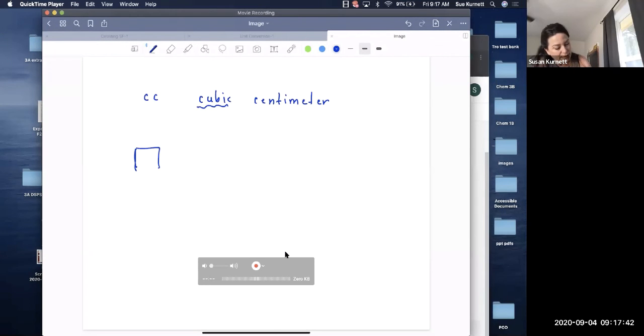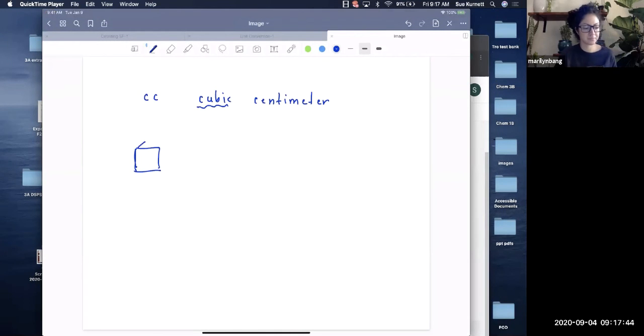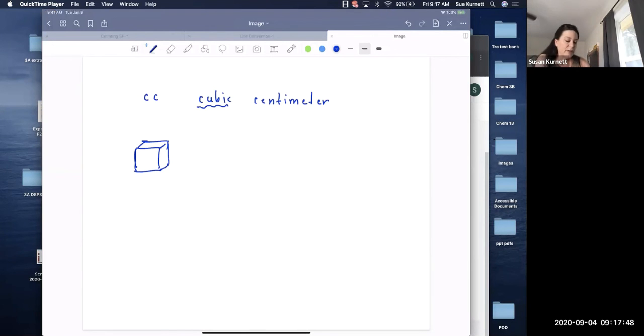Would be something like this. So imagine that I've made a cube here, and this length is 1 centimeter, and this length is 1 centimeter. And the height is also 1 centimeter.